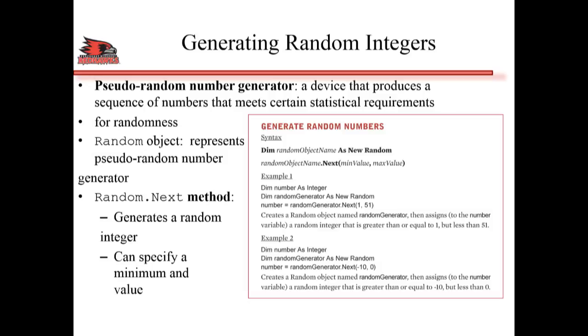It's kind of weird how it's set up, but that's the way it is. So if it's between 1 and 51, it can assume a value of 1. The random number can be 1, but it can never be 51. It can at max be 50. This is an important idea, so you have to keep that in mind when you put your max value.